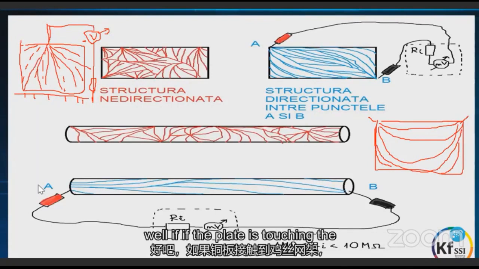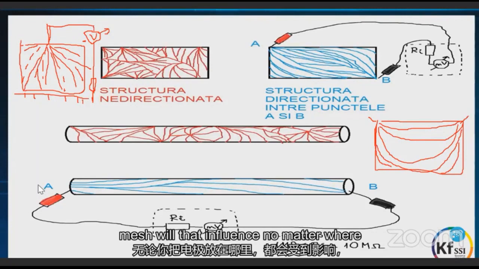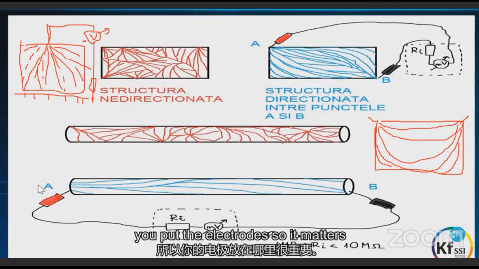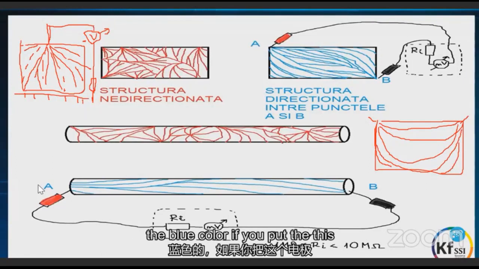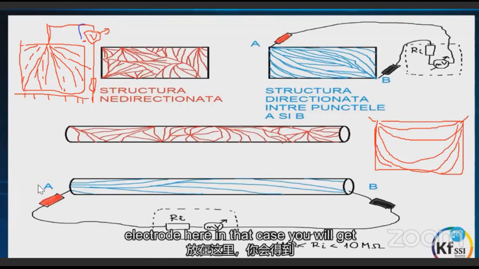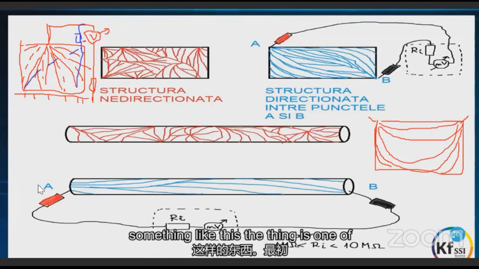Well, if the plate is touching the mesh, will that influence no matter where you put the electrodes? So it matters where you put it, because let me draw with the blue color. If you put this electrode here, in that case you will get something like this.